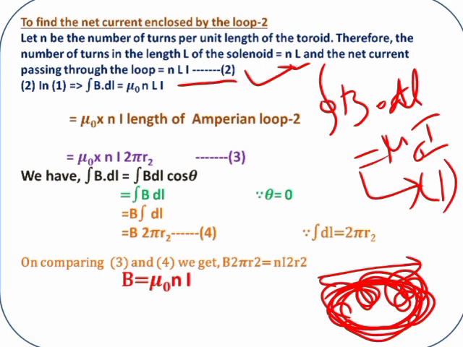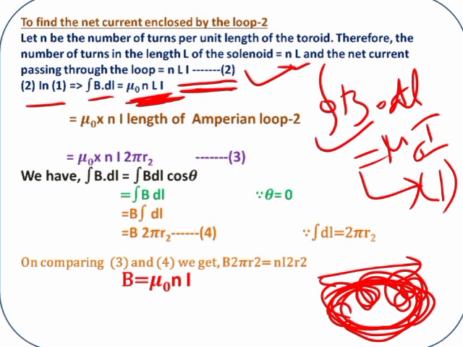Equation 1 and 2: we have to substitute equation 2 in equation 1. We know from Ampere's circuital law, B dot dl is equal to mu naught into I, and we have to substitute the N L value. Where mu naught is the permeability of free space.